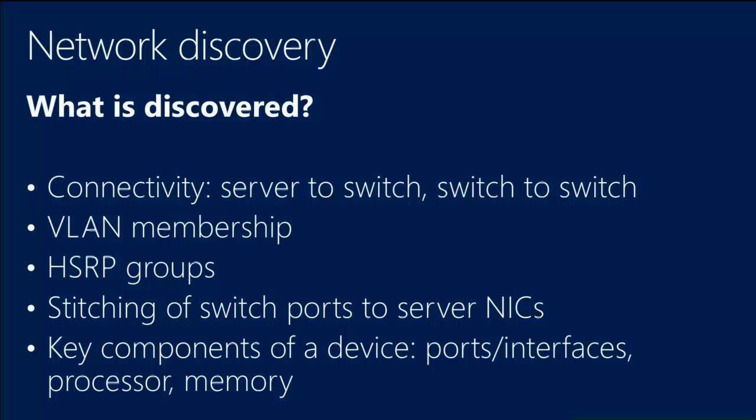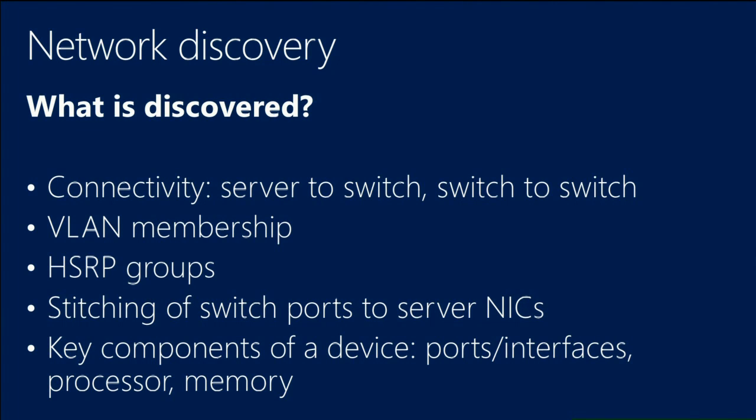But what do we discover if we reach out to the device? Well, we'll of course discover the key components, so the ports, interfaces, processors, memory, etc. We'll also discover the connectivity, so we'll look at the ARP table and other tables to see how is the switch communicating to other network devices, how is it communicating to servers and virtual machines. We have a look at the VLAN membership.